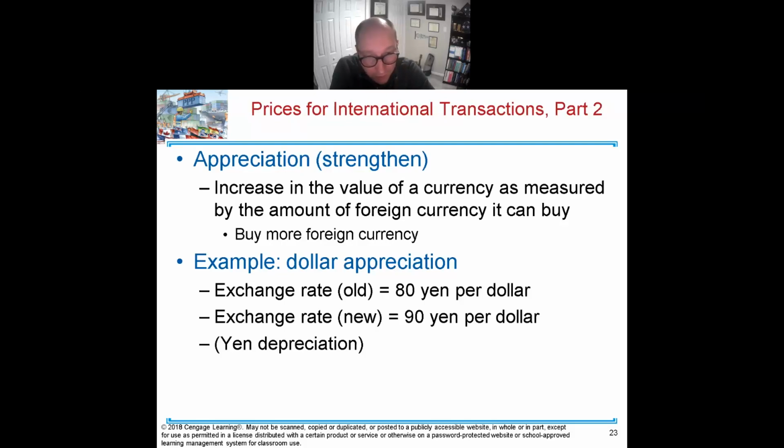For example, I used to be able to use $1 to get 80 Japanese yen. Now it's 90 Japanese yen for $1. Today, 2022, $1 will get you 100 Japanese yen. What this means is that the American dollar is appreciating in value, and the Japanese yen is depreciating in value.